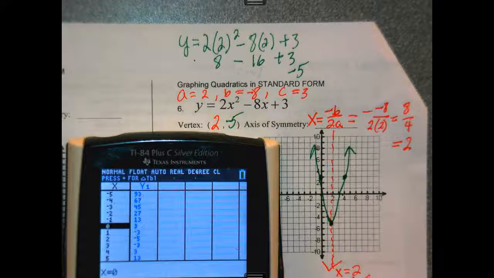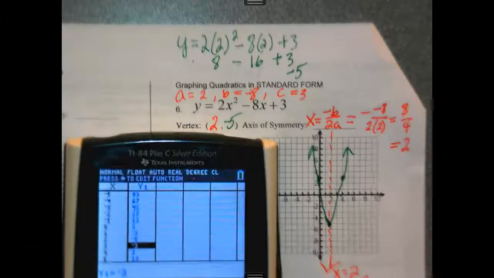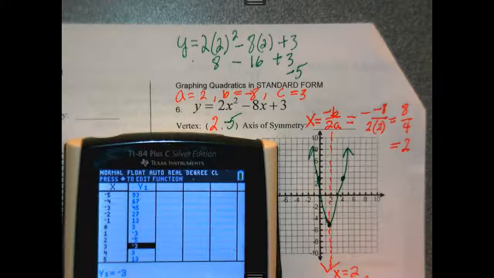If I'm lucky, I can pick out the vertex, and I can because here's where the y's start repeating. So my vertex, 2, negative 5. My points, 1, negative 3, 3, negative 3. And you're done. So your calculator is going to be a lot easier to use.